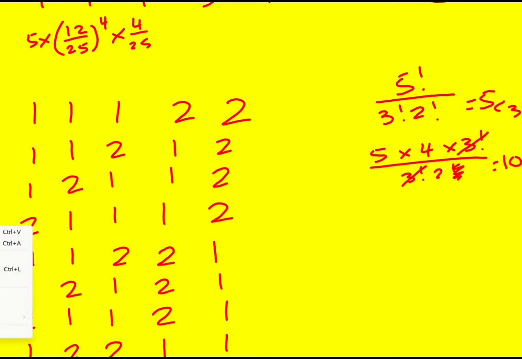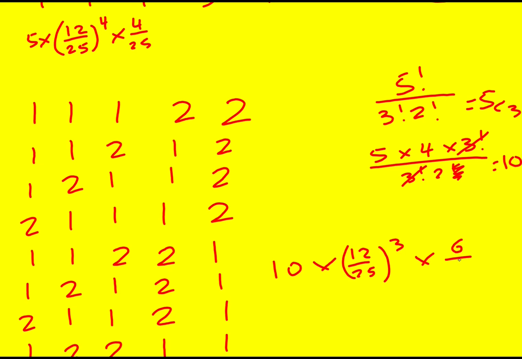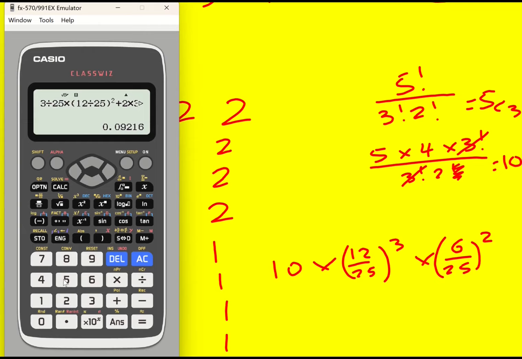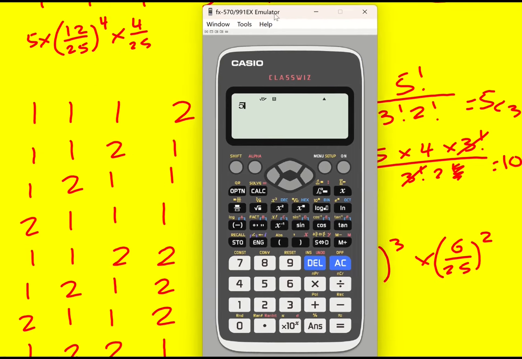And so finally, for the probability, it's going to be 10 times 12 over 25 to the power of 3, and then I'm timesing by 6 over 25 squared. Right, we're ready just to stick both of those in our calculator and add them together.